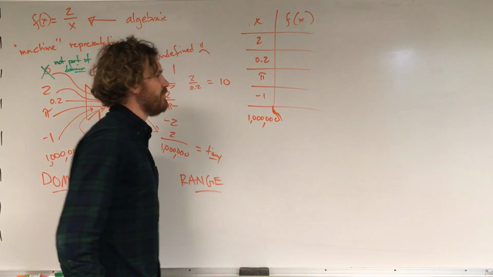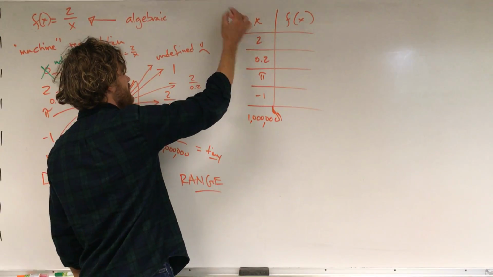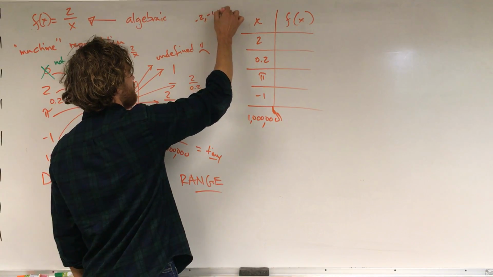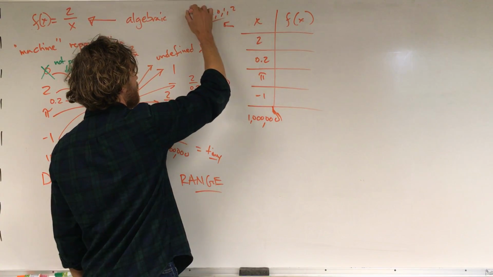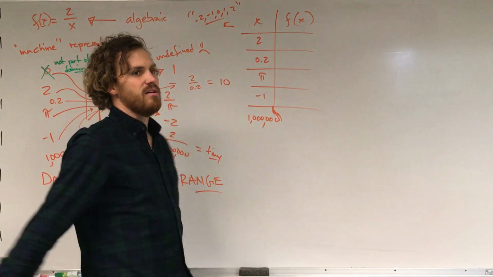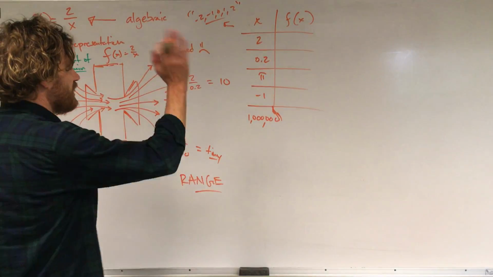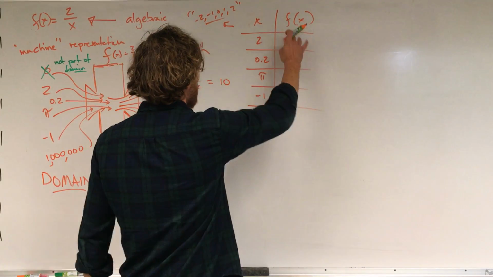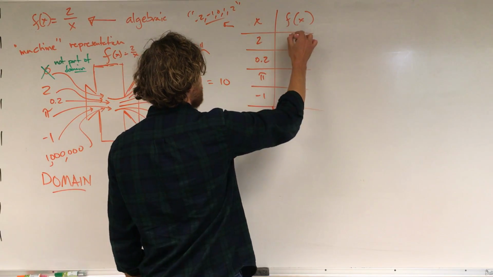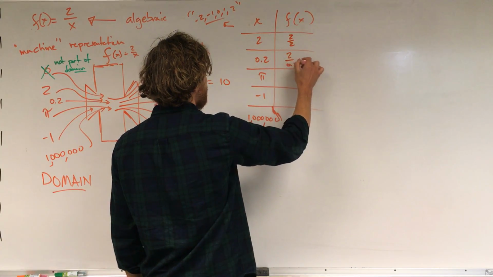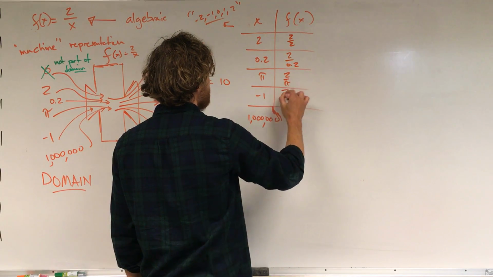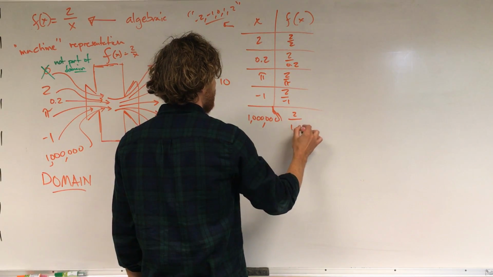Normally when you're making a table, a good place to start is with the values -2, -1, 0, 1, and 2. These are classic values that are usually pretty easy to plug into functions, but I'm just plugging in some random things. So then my f of x values would be 2 over 2, 2 over 0.2, 2 over pi, 2 over -1, and 2 over 1 million.